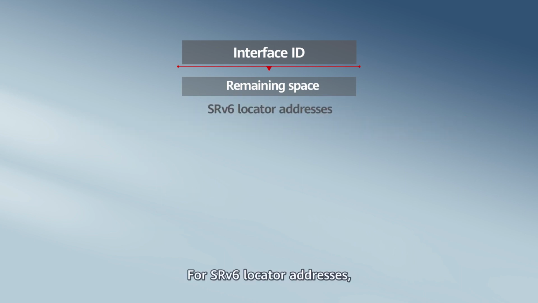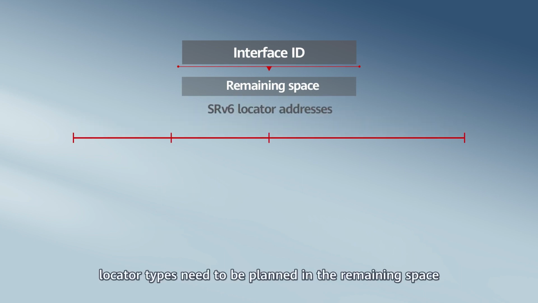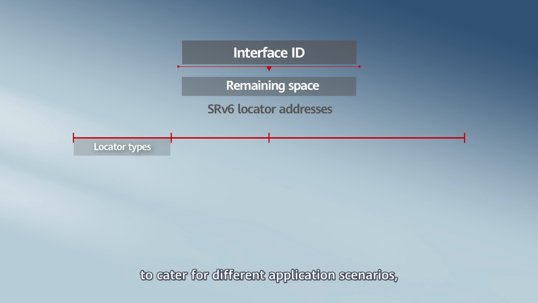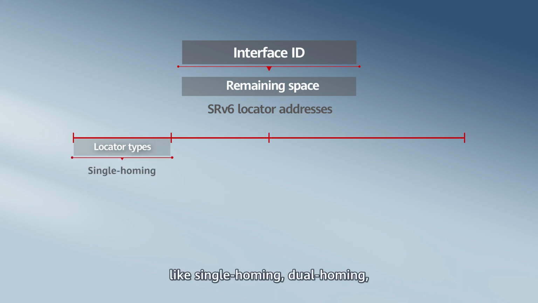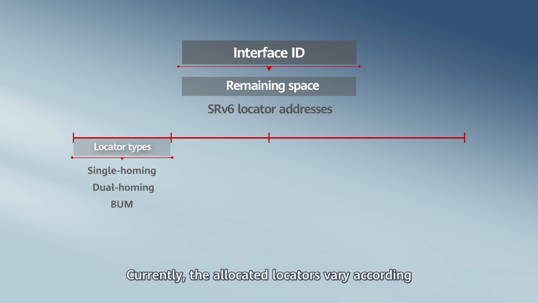For IPv6 locator addresses, the locator type needs to be planned in the remaining space to cater for different application scenarios, like single homing, dual homing, or BUM. Currently, the allocated locators vary according to scenarios and need to be isolated.